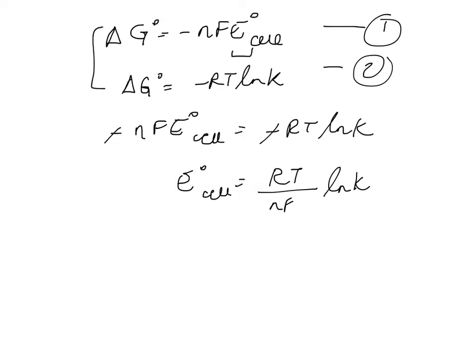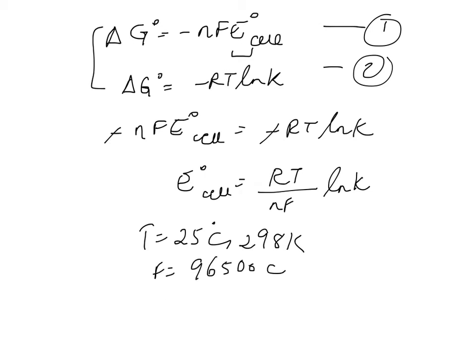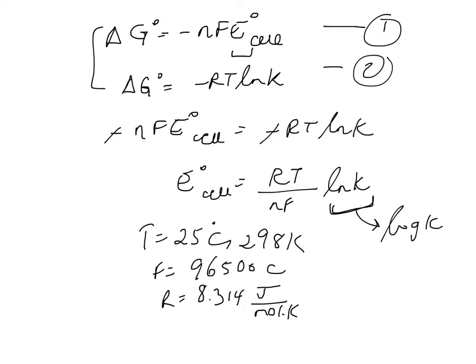And if you simplify this for temperature to be 25 degrees Celsius or 298 Kelvin, and for Faraday it's a constant 96500 coulombs, R is a gas constant with a specific value of 8.314 joules per mole per Kelvin. If you plug in all of this data and convert the natural log into log of K, you will need to multiply by 2.303 as well.